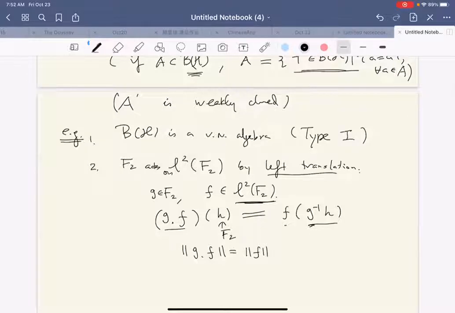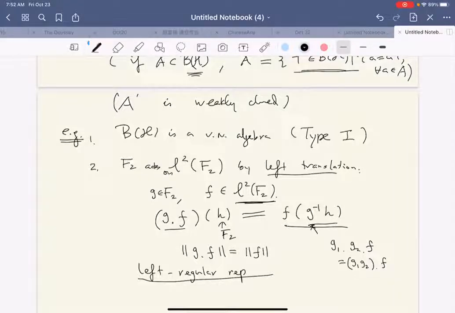This definition also makes sure that this is really an action. In other words, G1 acting on G2 acting on F is the same as the group element G1 G2 acting on F. In group theory, this is a very important representation, called the left regular representation.